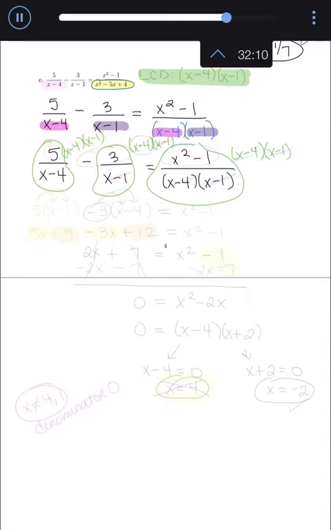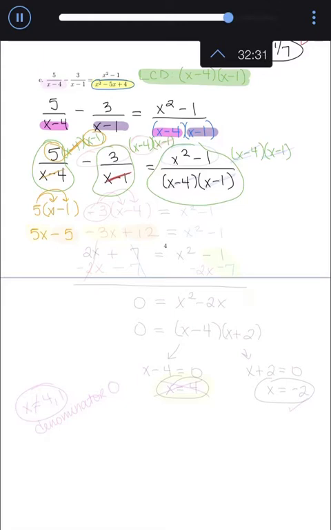Well, in that first fraction, the x minus 4's cancel, and you're left with a 5 and the x minus 1, which means we can distribute the 5 to the x minus 1, which will get us 5x minus 5. Now let's see what happens on the second piece here.